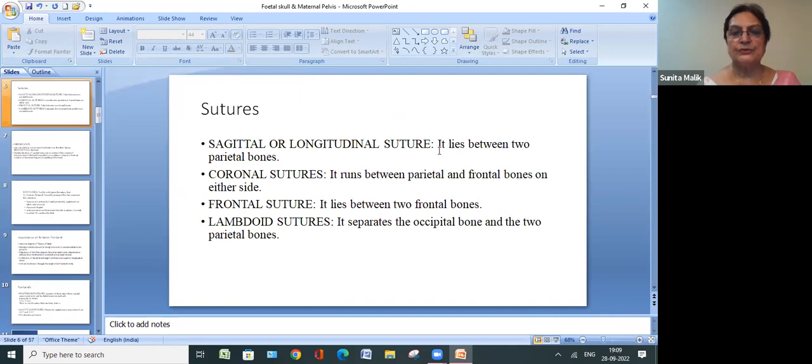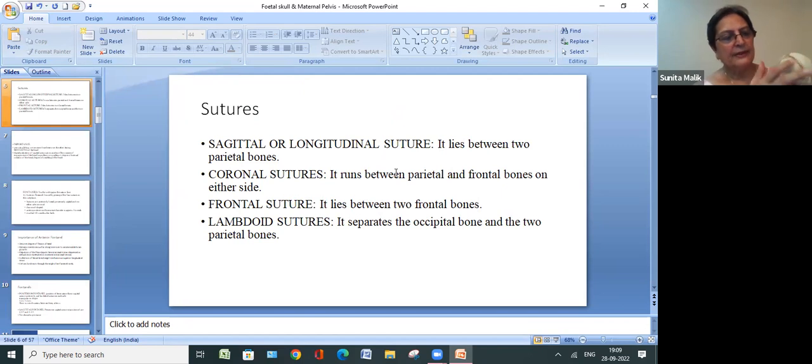Now coming on to the sutures, the sagittal suture is between the two parietal bones. Coronal suture is between the parietal and the frontal bones. So this is coronal suture. And the frontal suture is between the two frontal bones, and lambdoid suture is which separates the occiput.